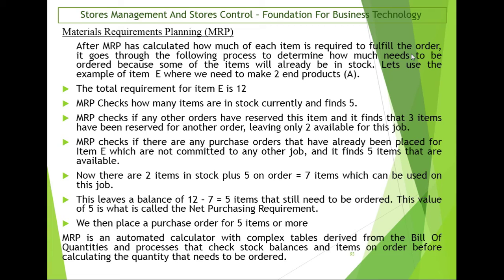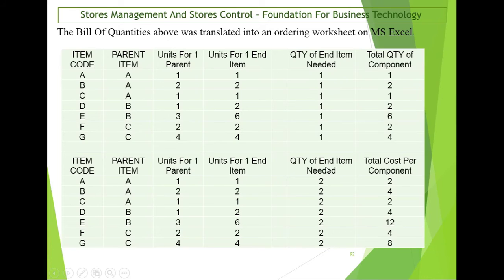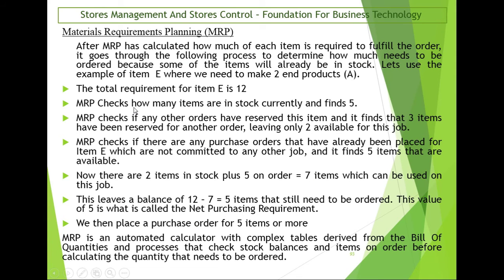So in our case, we would like to take the example of item E, and we need to make two end products A. So from our previous table, if we are making two end products, then for E we need 12 items. So that is the total requirement for E is 12 in order for us to make 2 of the end product A.